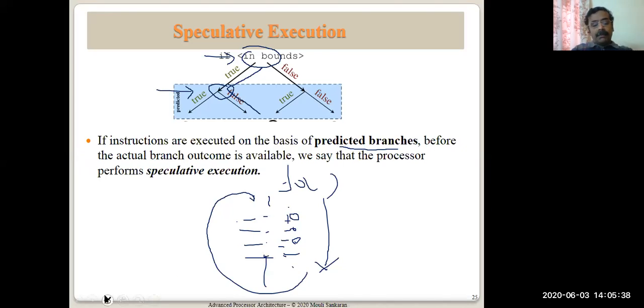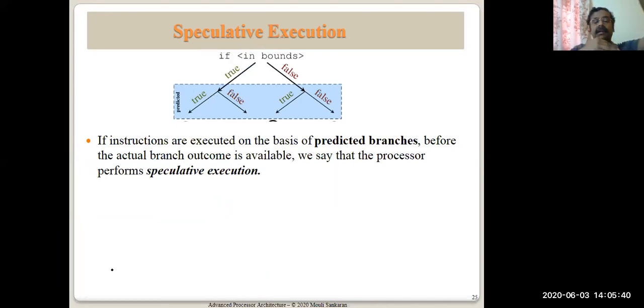So multiple entries are maintained and it maintains the previous result. And if you execute the same piece of code again, you will come across the same instruction. Now you will see the table and see, hey, last time I predicted it to be true. Maybe this time also it will be true. So let me start fetching instructions from the true path where it is supposed to go if it is true. If I am successful, fine.